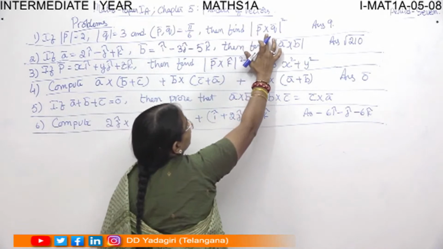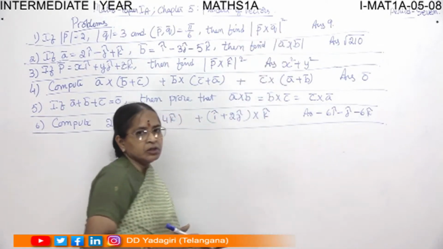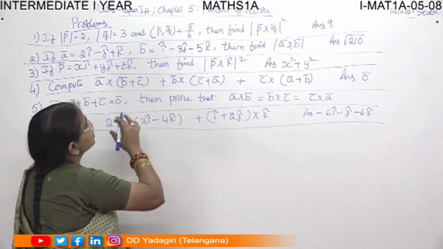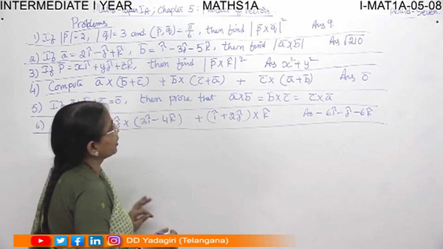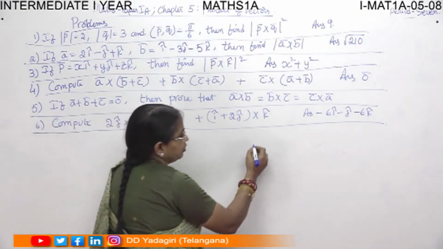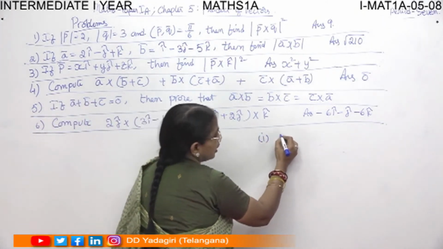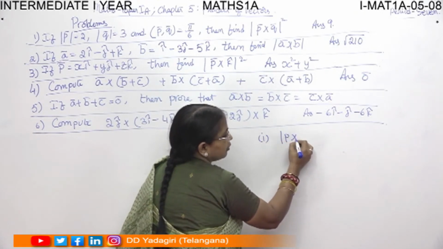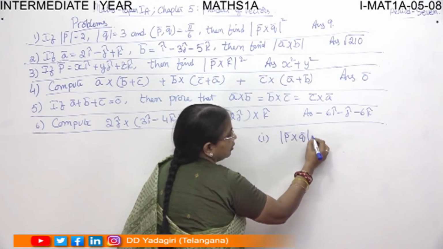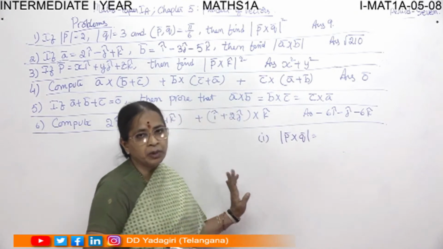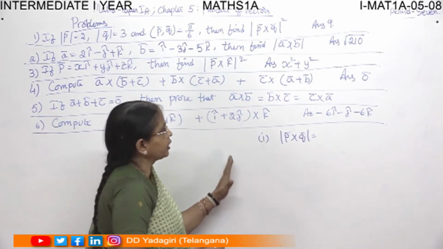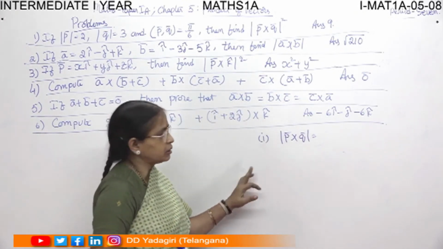Find mod of P cross Q whole square. Here you have to use the definition of cross product. All these are again 2 marks type questions. Very, very important. Some you may get for 4 marks also.